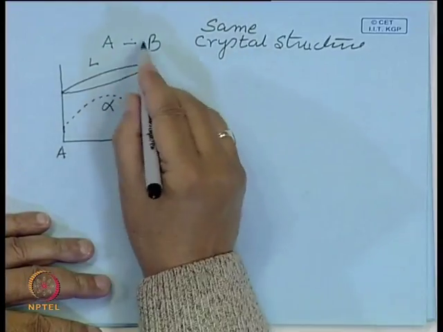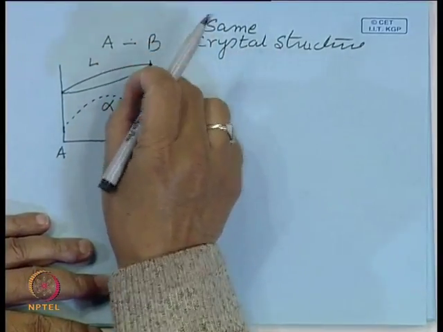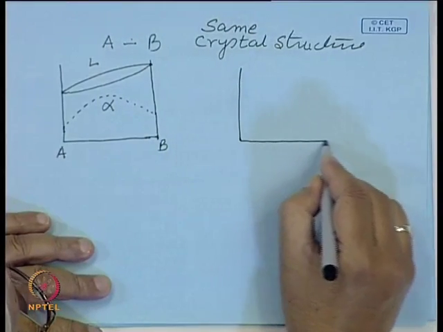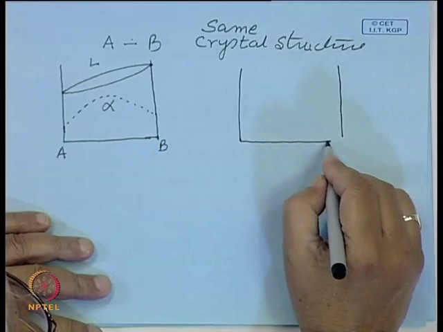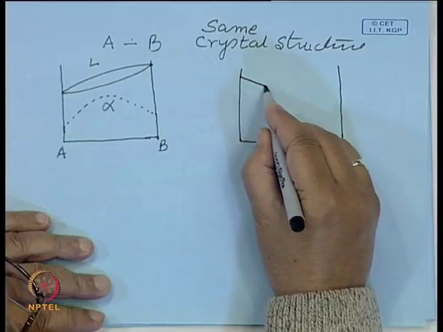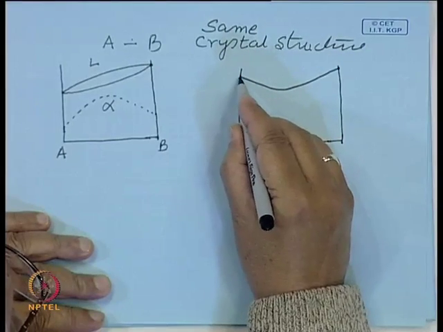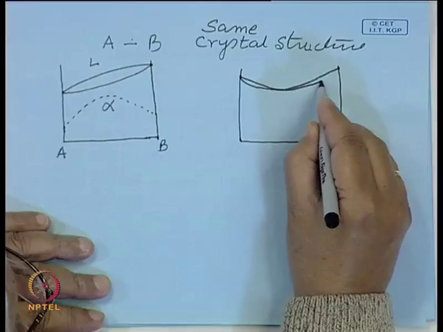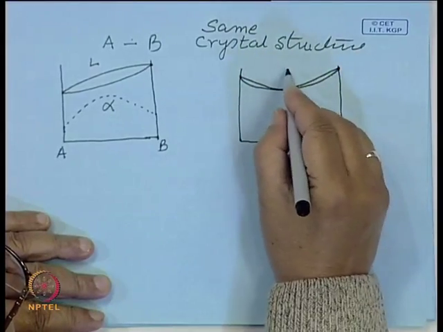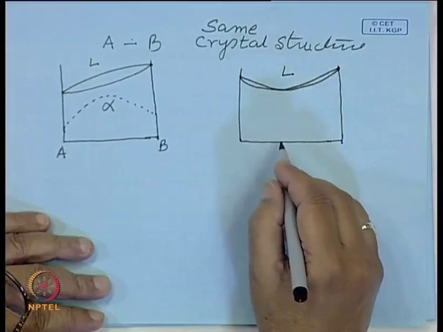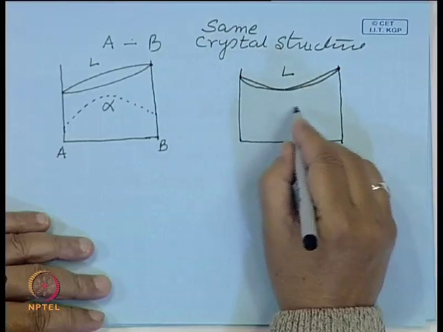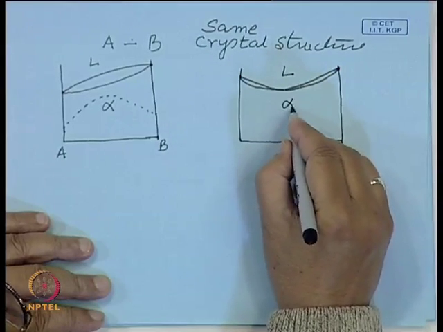Now, what happens if the sizes are slightly different? In that case we get deviation from ideality, and it is like this. Maybe it shows a minimum here, but still it has solubility. This is liquid, and this is alpha.